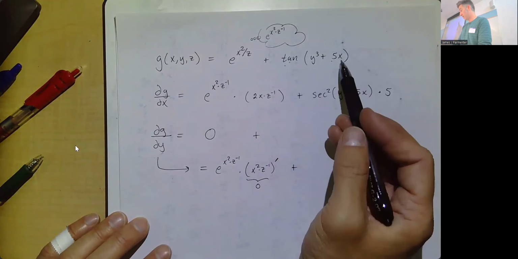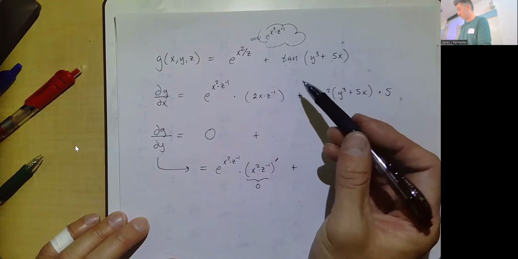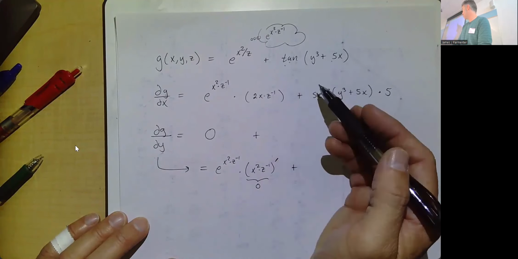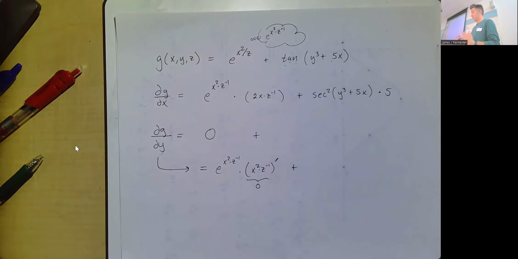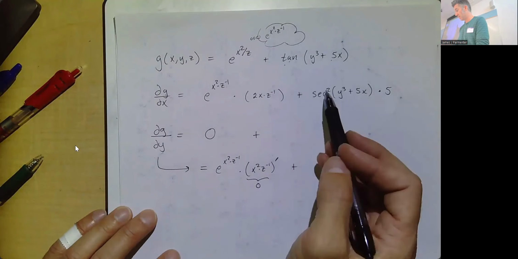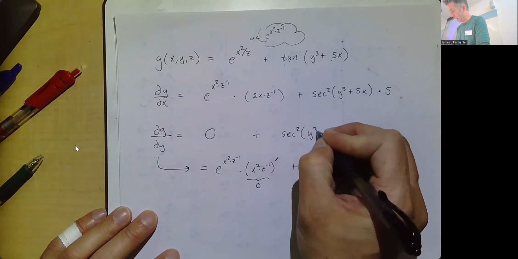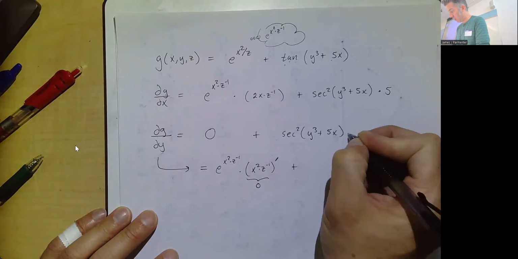And now, since the stuff in here does have the variable y, oh, we're saying y is increasing. So the derivative of tangent of something with y in it is not just going to be 0, because tangent of whatever is not just a constant. So the derivative of tangent of some stuff, just like here, is secant squared of that something. That outer derivative part doesn't change at all.